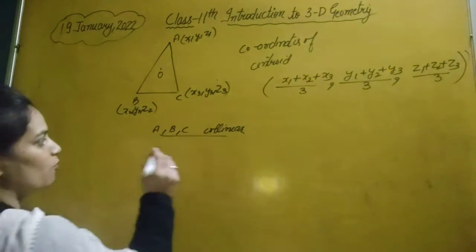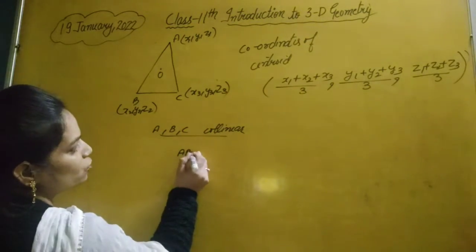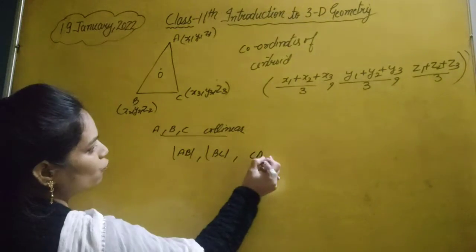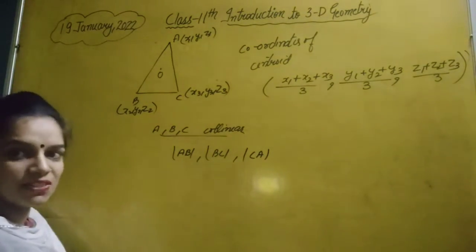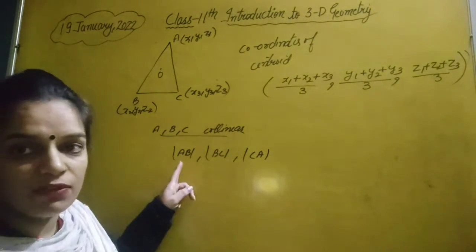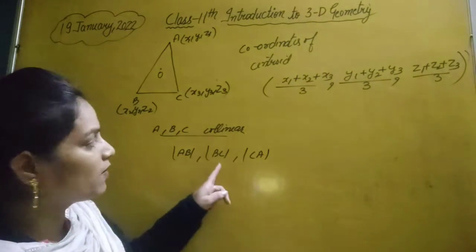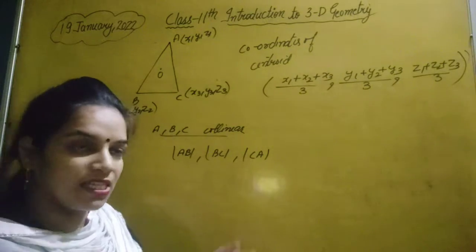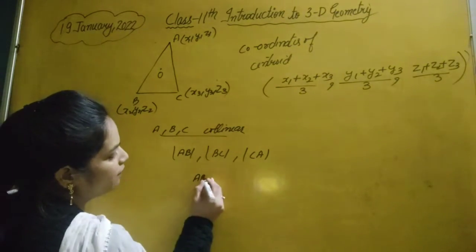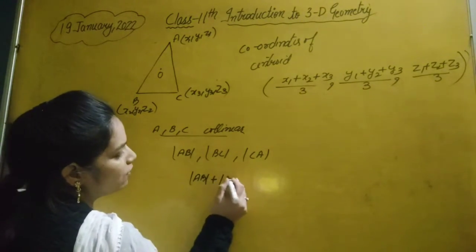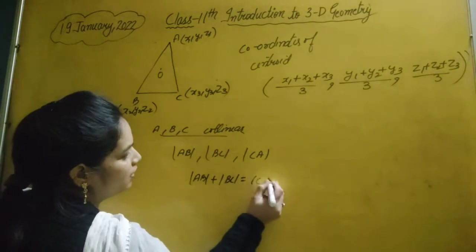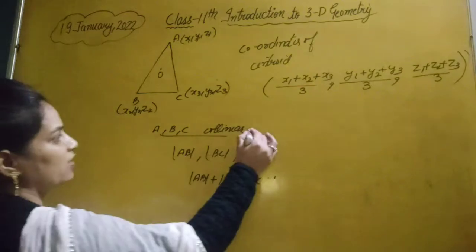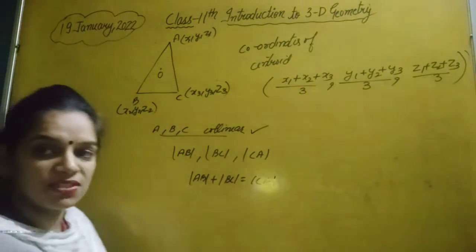With the distance formula, we will find the distance of A and B, the distance of B and C, and the distance of A and C. After finding these distances, if the sum of any two is equal to the third one, then we can say the points are collinear. This is with the help of the distance formula.